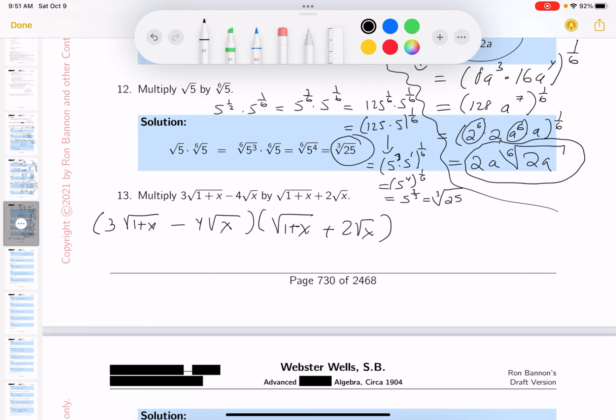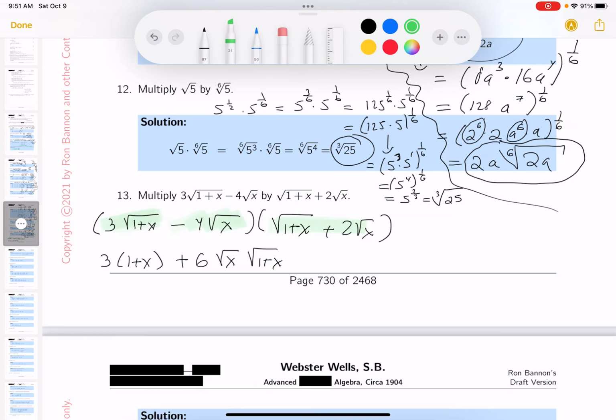Let's multiply it. Someone says, what do you mean you're multiplying? I'm taking this and distributing across these two terms here. And what would you get? It's pretty simple, actually. You get 3 times (1 plus x), plus 6 root x root 1 plus x. I'll take care of that later.